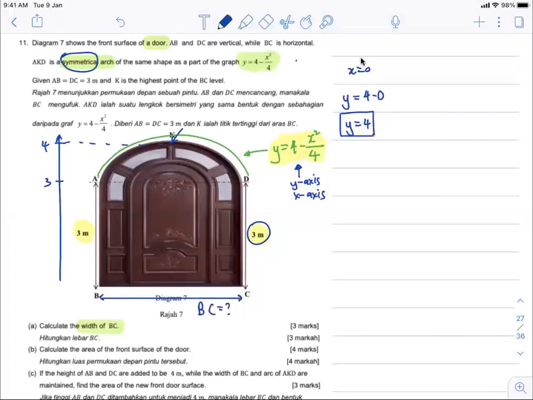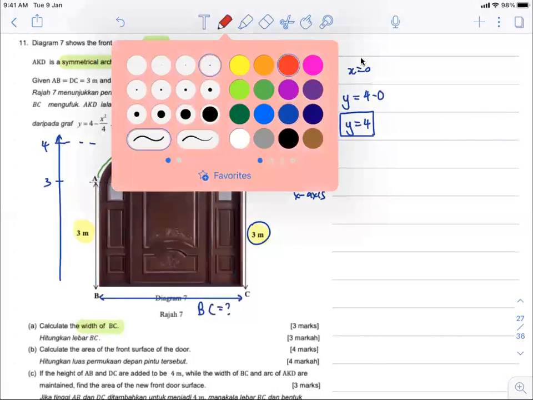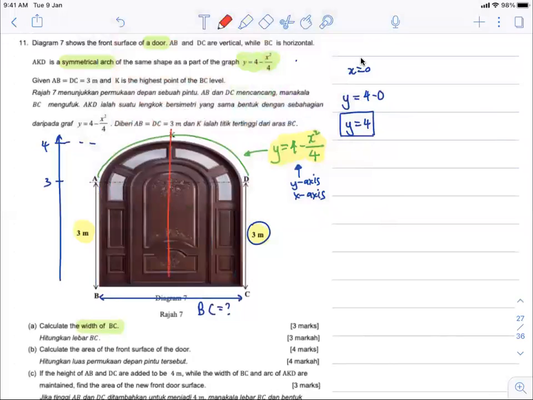Symmetrical means that left and right are equal. That's why we know that the y-axis is not here, it's also not here. Instead, the y-axis has to be in the middle, so that the left and right are symmetrical.